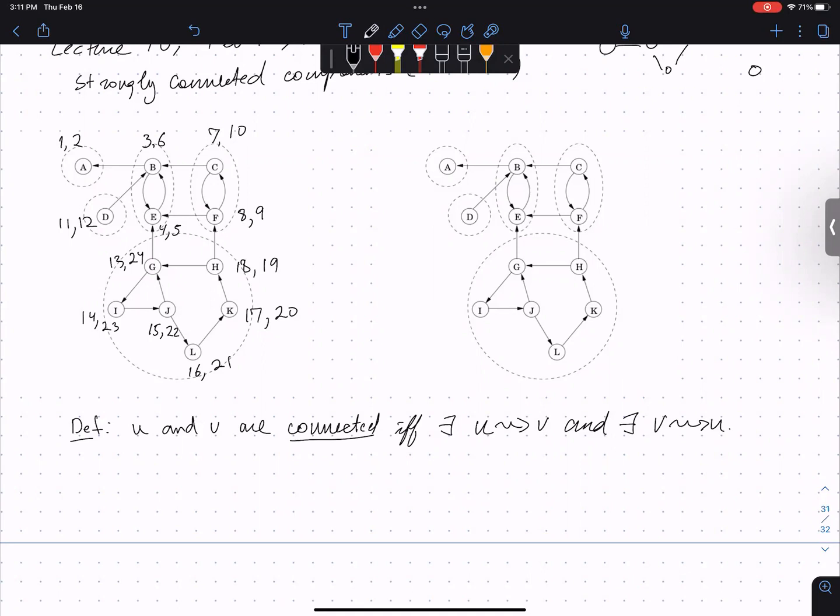However, G to K, for example, there's a path from G to K, and there's a path from K to G. In fact, I'll write down the cycle property: if you have a cycle, all the vertices of a cycle are connected.